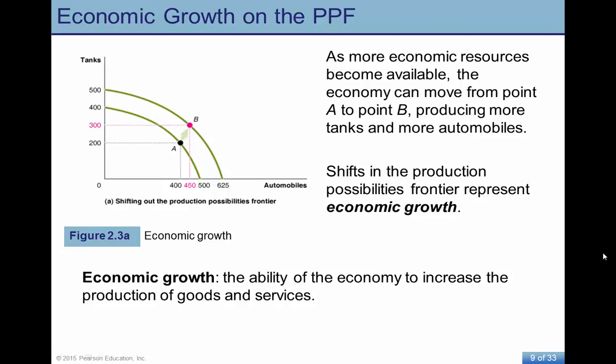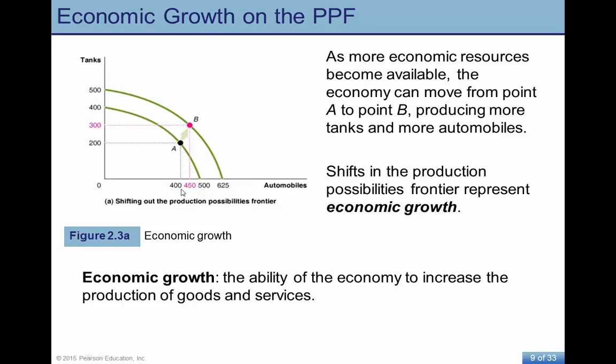Economic growth on the PPF. As more economic resources become available, the economy can move from point A to point B. Look at my cursor, from point A to point B, producing more tanks and more automobiles.